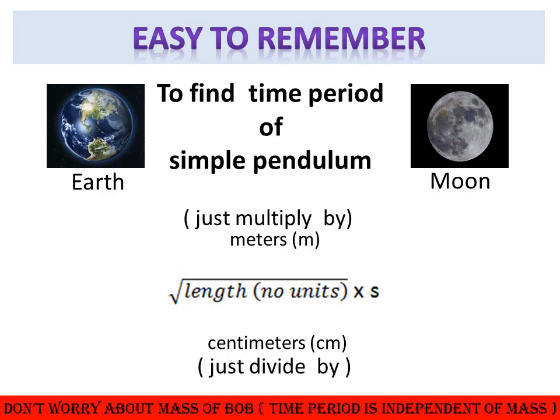Just multiply by and just divide by. When it is for Earth and Moon, when it is in meters, he can clearly remember it is m meters, m multiply.